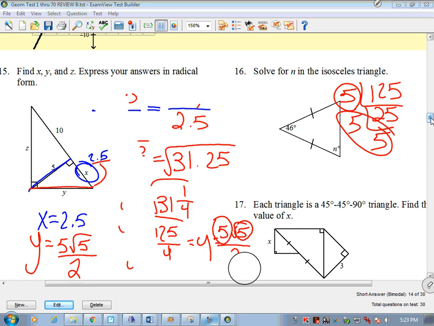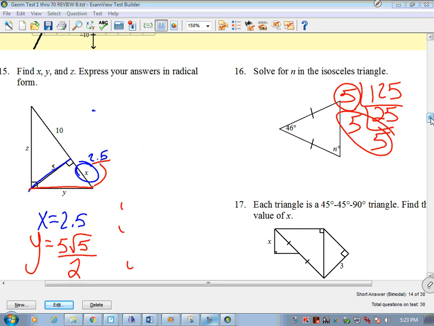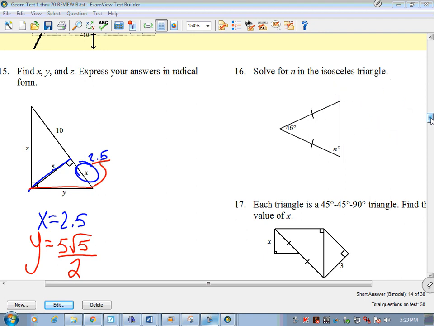And you're going to solve z the same way. Now, you could solve z, and I wouldn't have anything against you if you did, if you took y at 5 radical 5 over 2, and you had the hypotenuse at 12.5 and found z. But let me show you the geometric mean for solving z. That's going to give me z in z, and then I'm going to take that 12.5, except instead of using 2.5, I'm going to use the segment closest to z, which is 10.